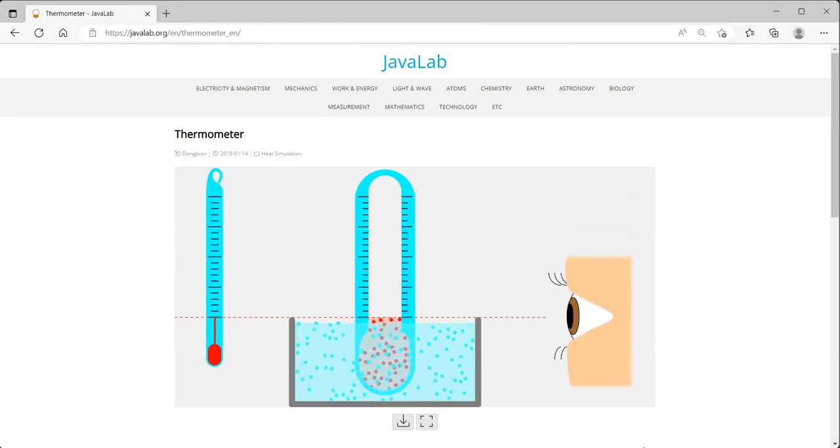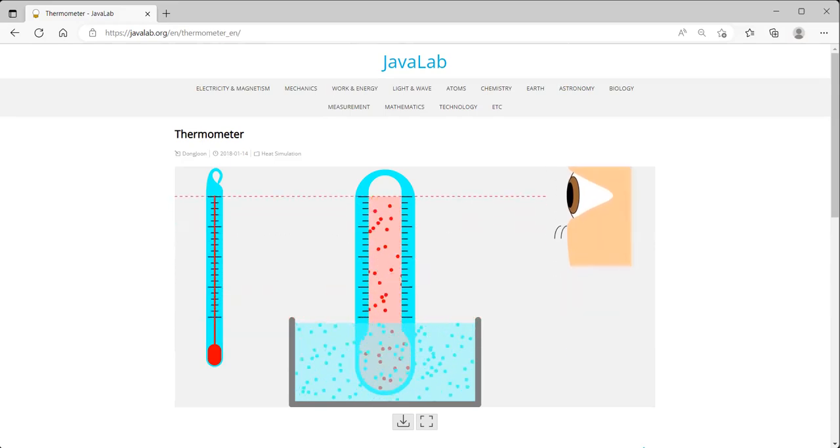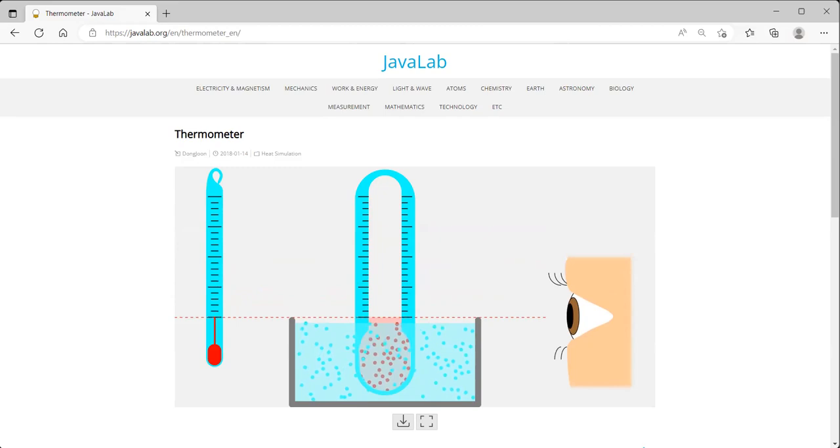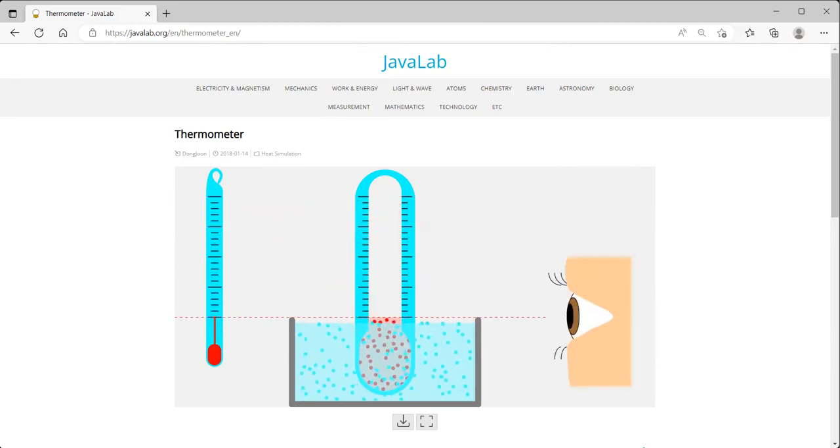At this point the temperature is low, and this means a high temperature. Temperature low and temperature high. Now what happens here when the temperature is low? Here you see that the red molecules, the mercury molecules, are not moving too fast.